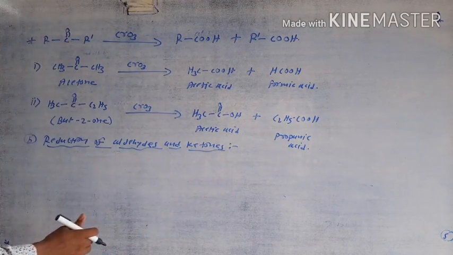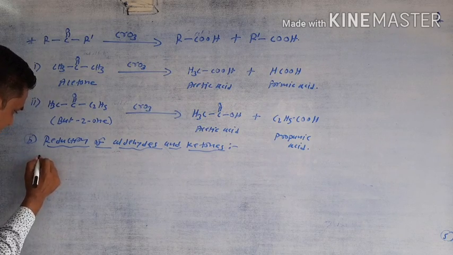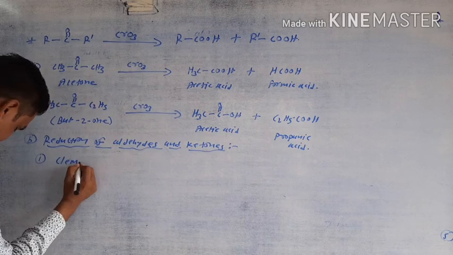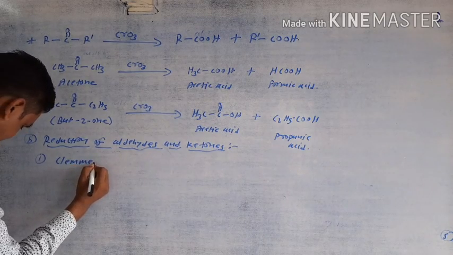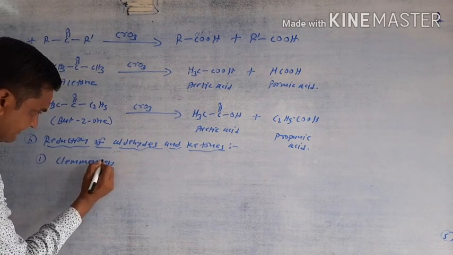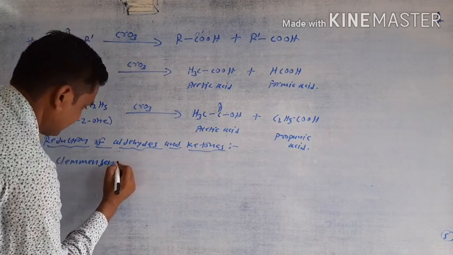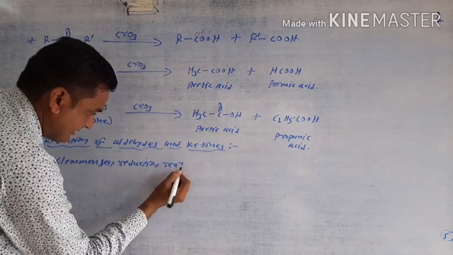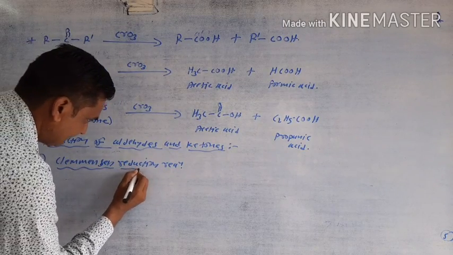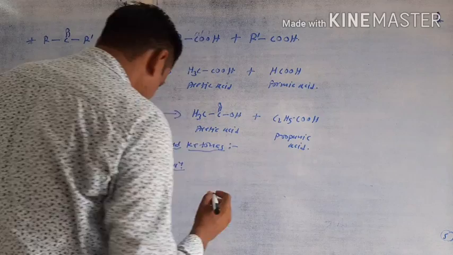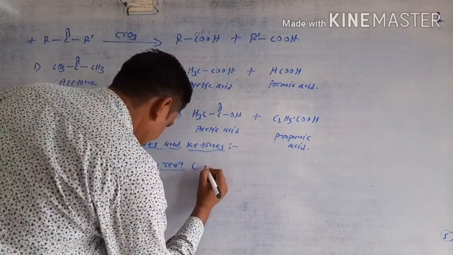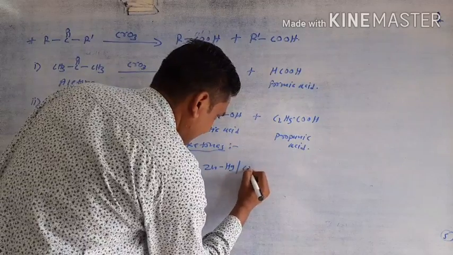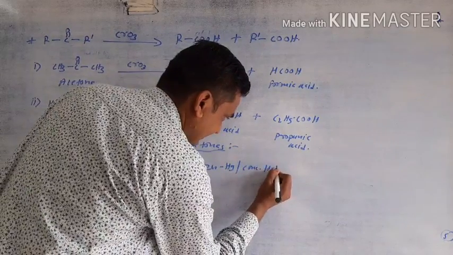The first reaction is a famous name reaction, the Clemmensen reduction reaction. The reagent of the Clemmensen reduction is Zn amalgam in presence of concentrated HCl.